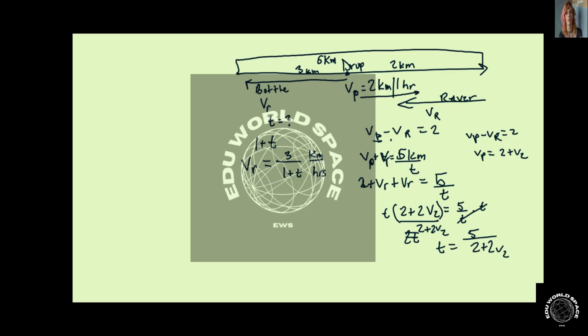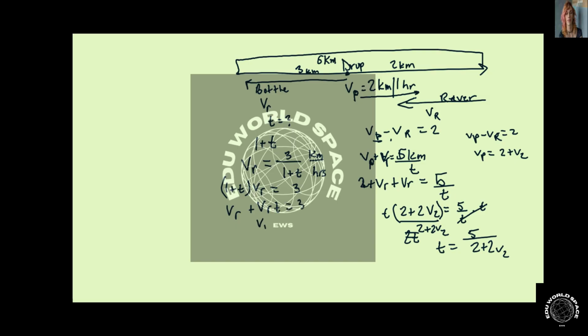And if I rearrange the river equation for t as well, let's multiply by 1 plus t here. That will be equal to 3. And this time we will distribute: VR plus VRt equal to 3.